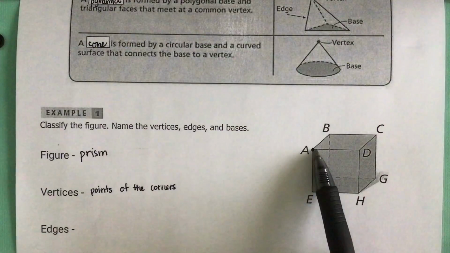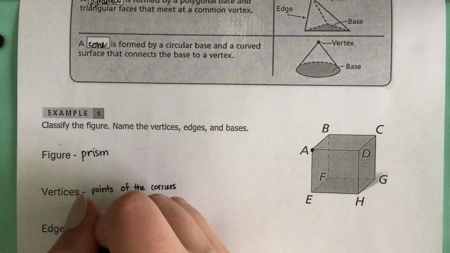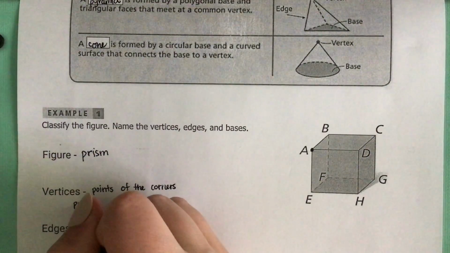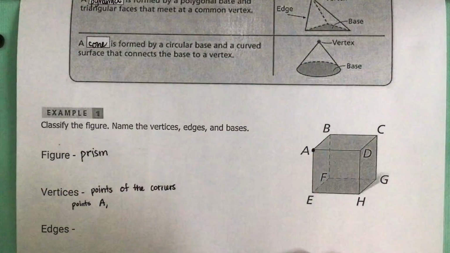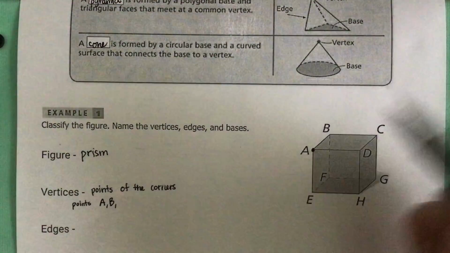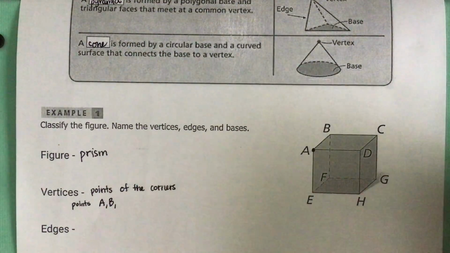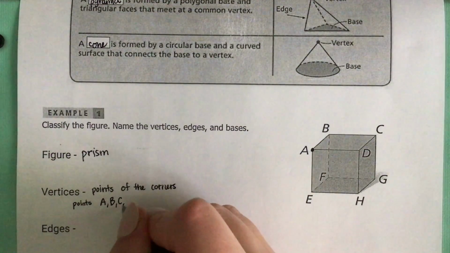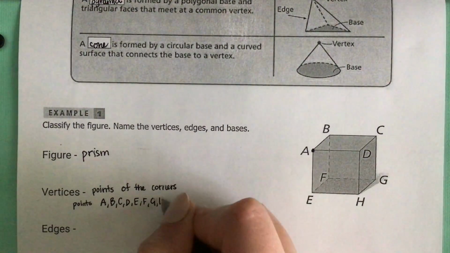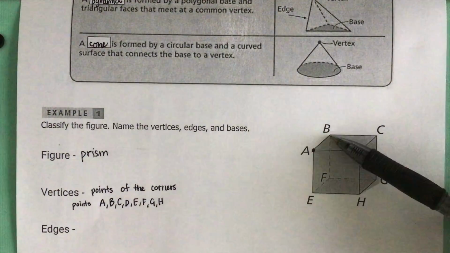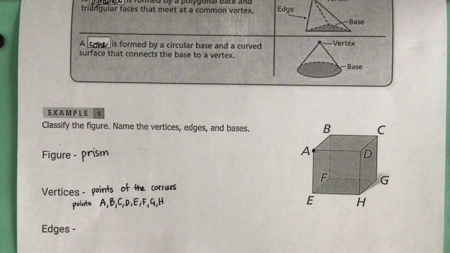So this would be point A, point B, point C. So all we have to do is say points A, comma B, and we're using capital letters because we were naming these points. We're going to go through all of them. So C, D, E, F, G, and H. It's going to be all of those. So A, B, C, D, E, F, G, and H. So it has 8 corners, and that makes sense. So we have 8 letters listed here for each of those points.